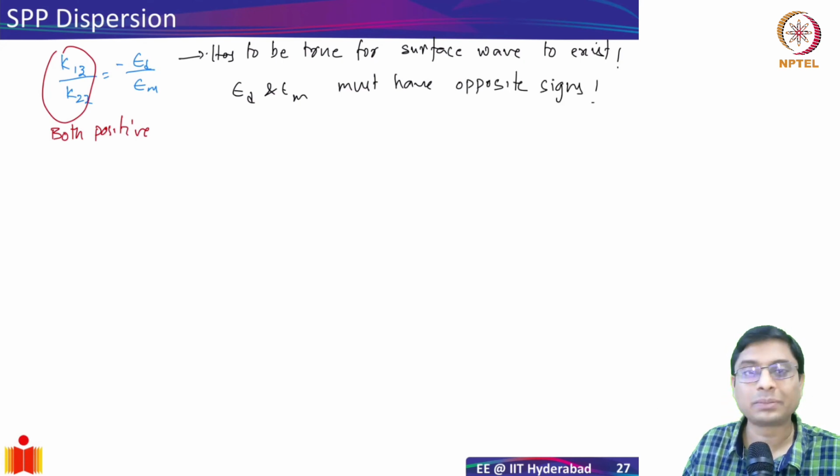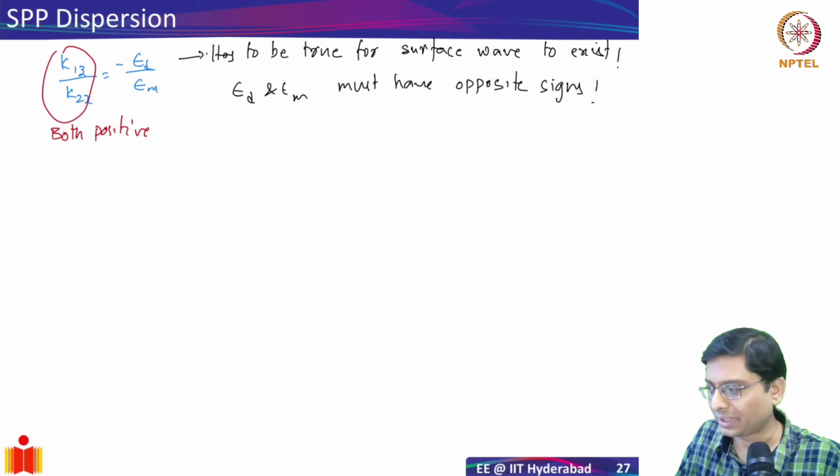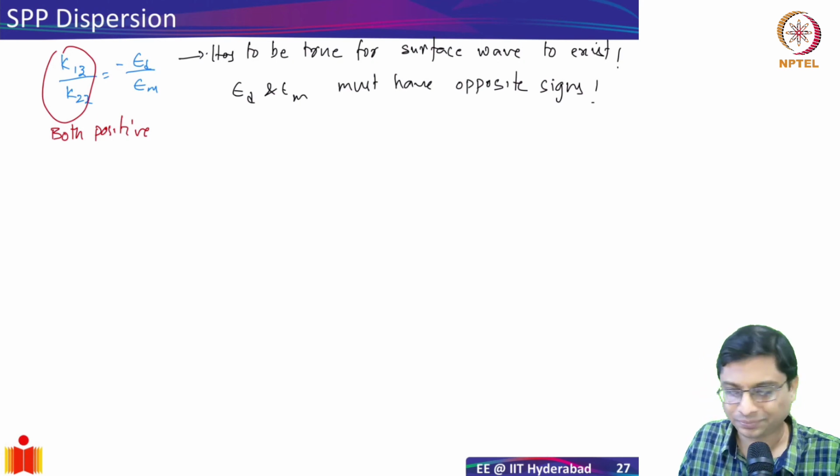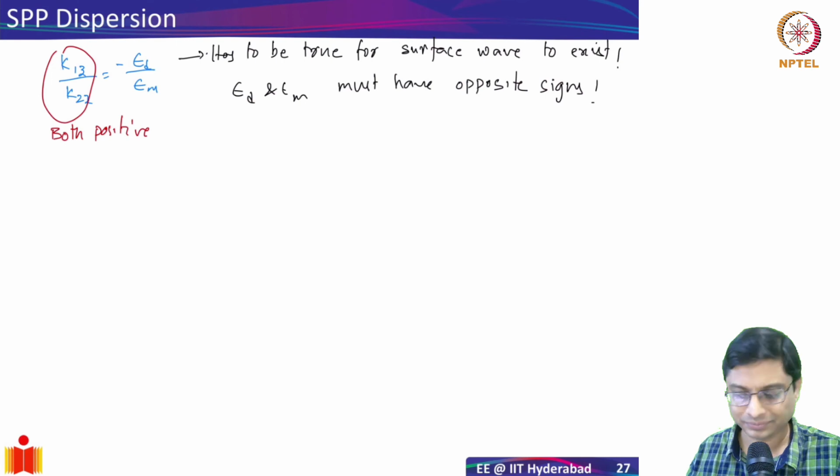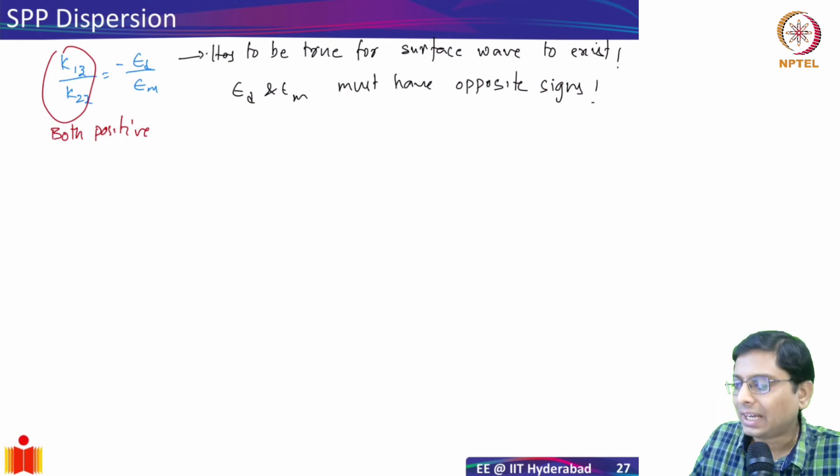This is one of the conditions for the surface plasmon polariton to exist. If not, it won't work out. That's why we need a metal and a dielectric interface, and a surface plasmon polariton can exist wherever the epsilon is negative for the metal.